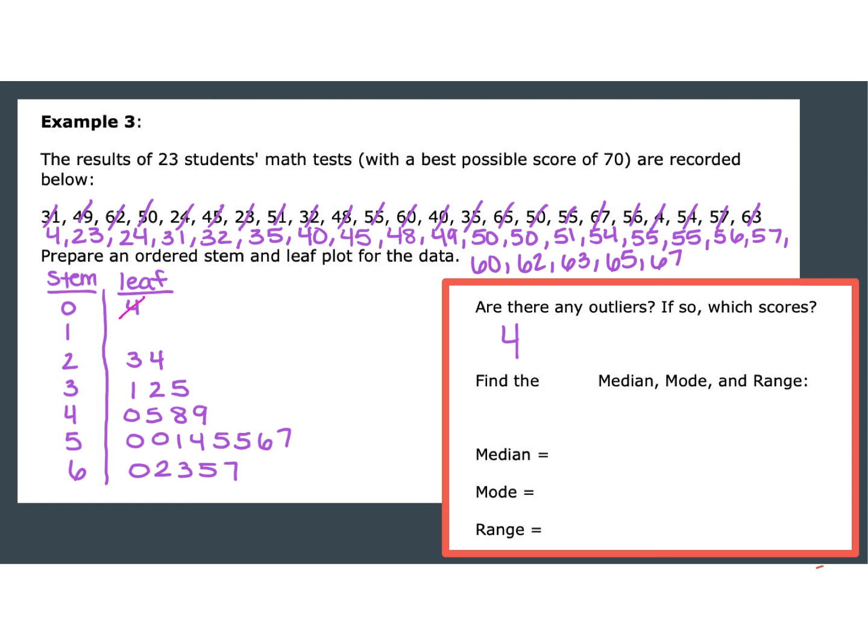We can cross out our 4 and our 7, 3, 5, 4, 3, 1, 2, 2, 0, 5, 7, 0, 6, 5, 5, 8, 5, 9, 4, 0, 1, and we're left with our data value in the middle, which is 50. So our median would be 50.